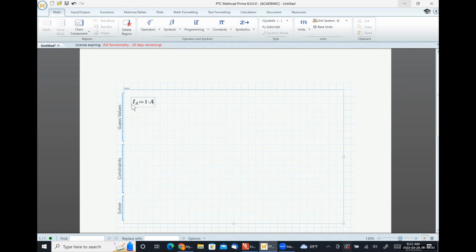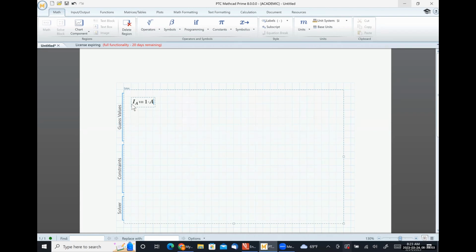For a system of equations like this, where we have simple linear relationships, for the most part your guess values will not matter. Every now and then, you will try to solve a system of equations and it will tell you that no solution is found. Change a couple of guess values and it'll usually be able to find a solution. For a circuit like this, there's always exactly 1 solution because we have a linear system of equations, right?